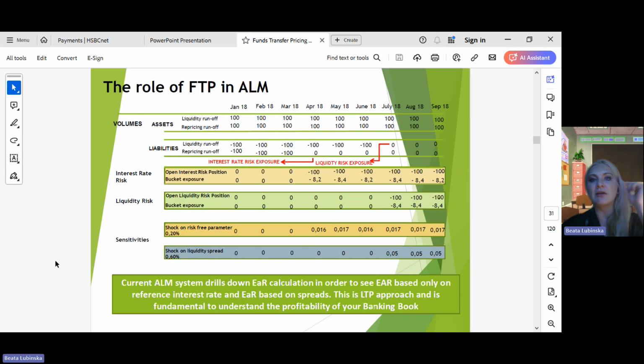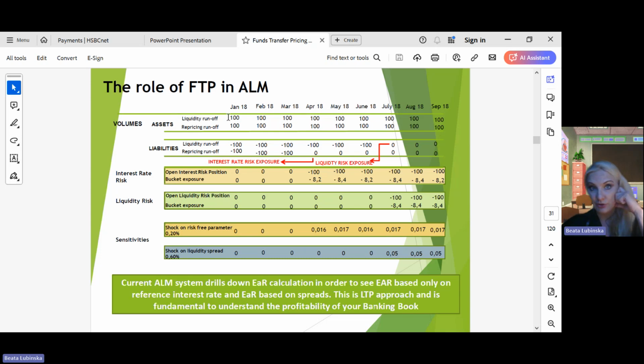So we have this 100 unit of asset with a longer maturity in comparison to the maturity of the liability. So the liability is shorter. And you see that we have two kinds of profiles, one for the asset and one for the liability.